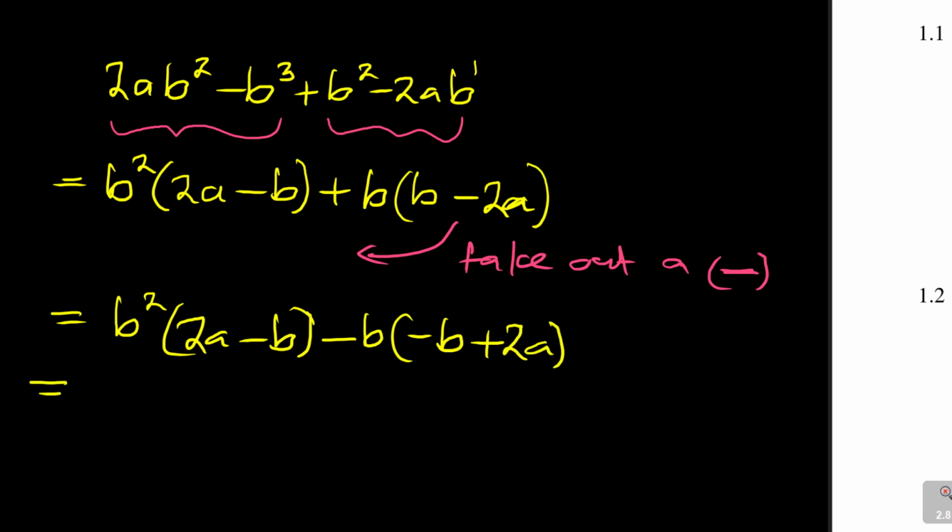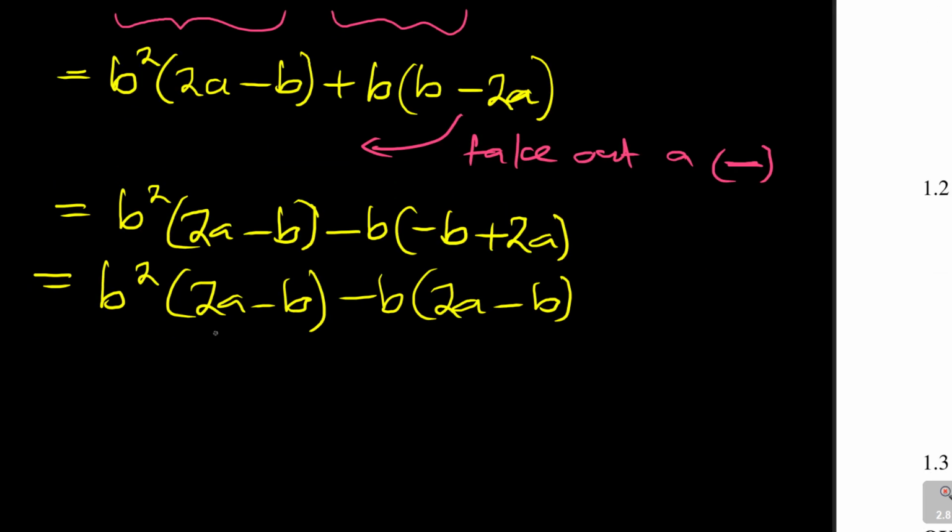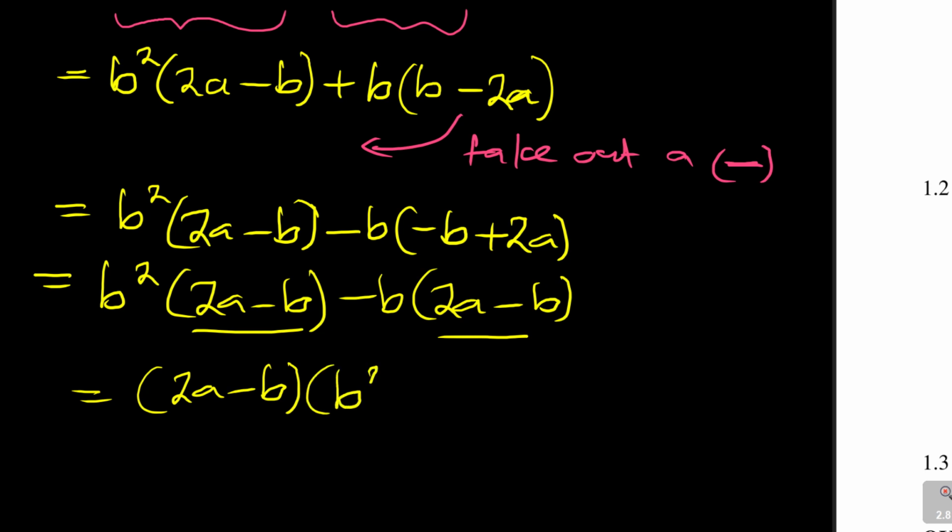That's why maybe they made it all these marks. So now b squared, I've got 2a minus b, and then minus b. If I rewrite this now, it's 2a minus b. See that? This is now what I wanted to achieve. So I can write now my bracket as 2a minus b, and then b squared, see that, minus b.